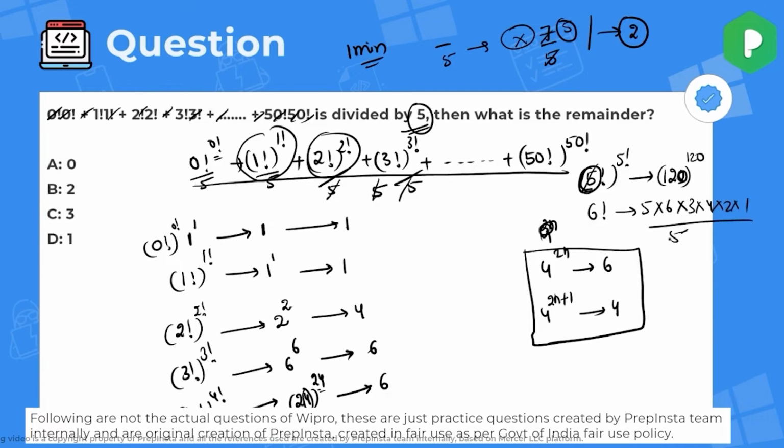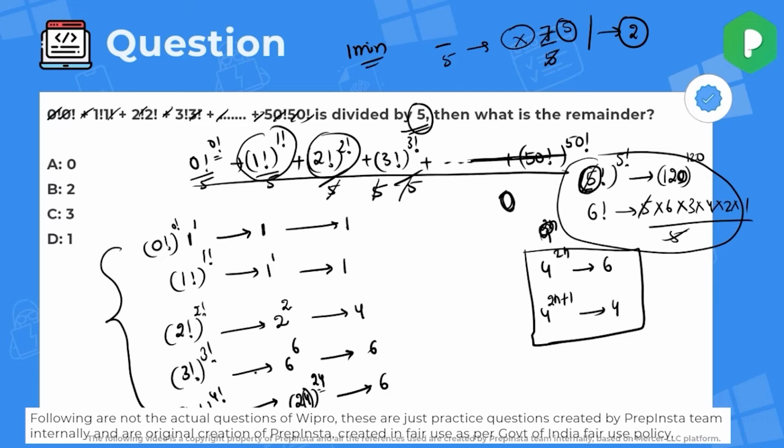So again the denominator 5 and the numerator 5 will get cancelled, right? So all the remaining terms after 5 factorial will give you the remainder 0. Why? Because there is always a 5 in the numerator. So the remaining terms need no consideration. You only have to consider 0 factorial to 4 factorial.